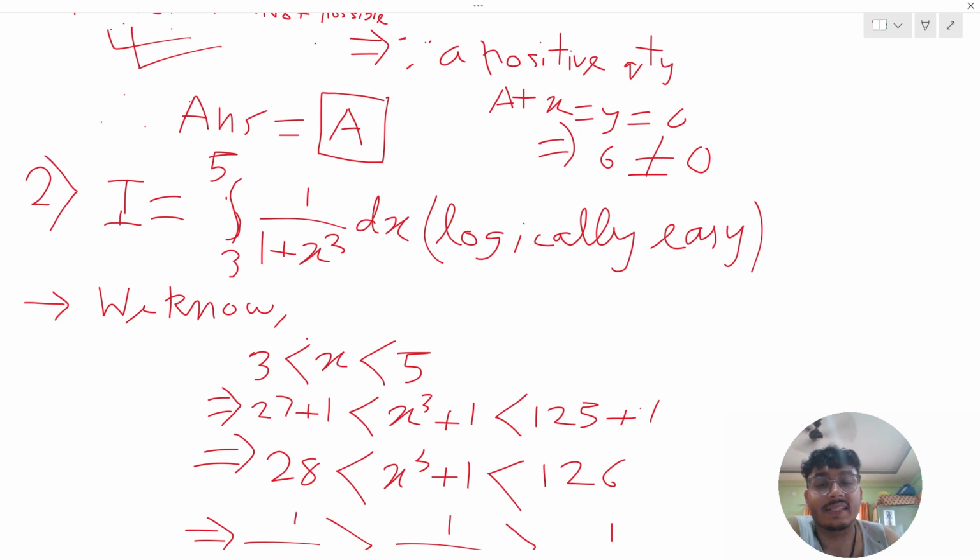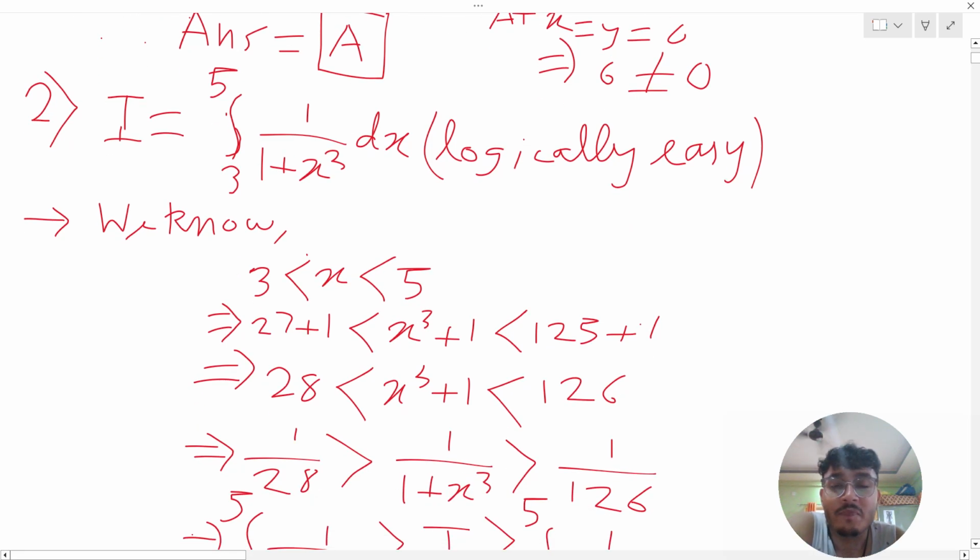Since I need 1 plus x cube, I add a positive 1 to the inequality. So 28 is less than x cube plus 1 is less than 126. Since we ultimately require 1 by 1 plus x cube, that is, 1 plus x cube should be in the denominator, we invert the full inequality, due to which the sign changes as given in the rules of inequality.